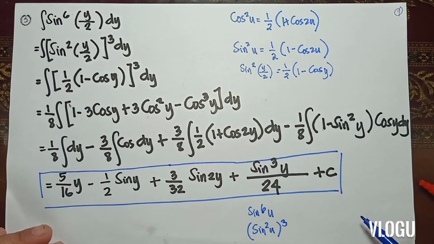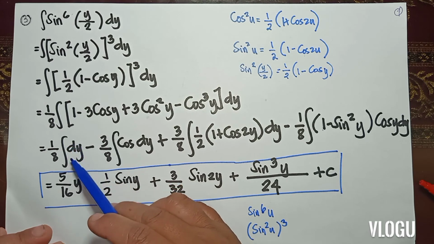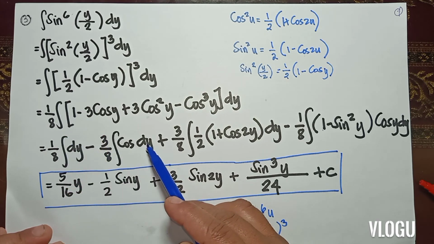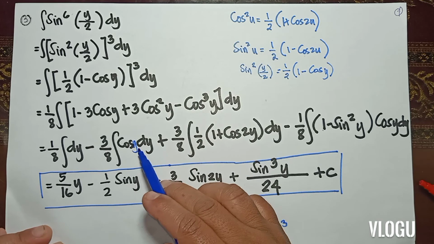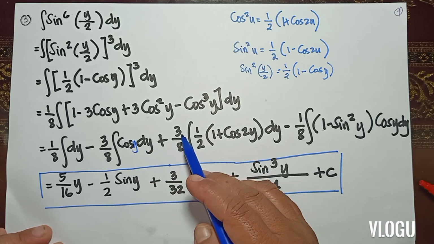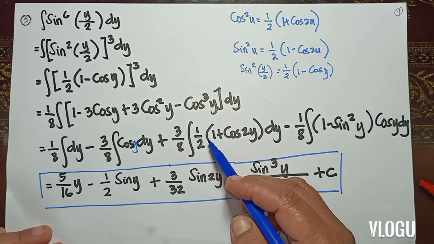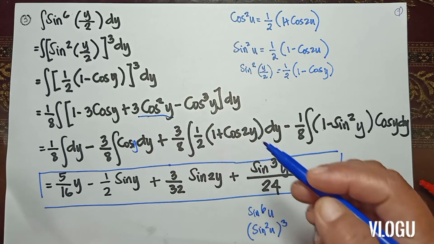So we will have 1/8 integral of dy minus 3 over 8 cosine y dy plus 3 over 8 times the integral of cosine squared.